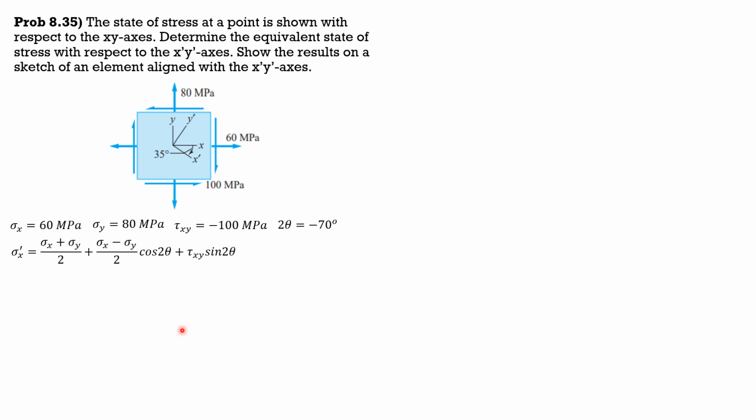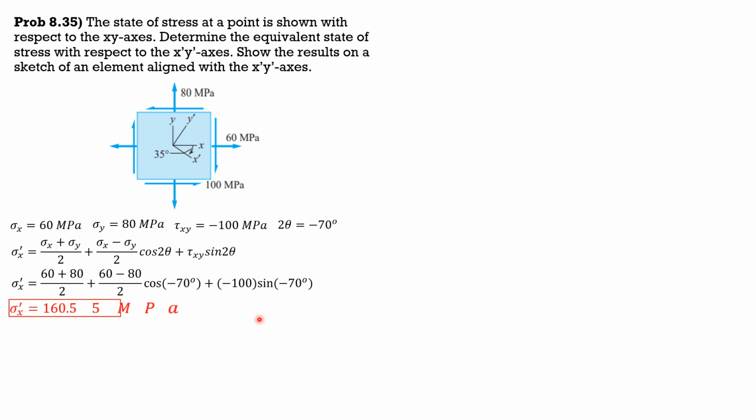So substituting values, sigma x prime is equal to 60 plus 80 over 2 plus quantity 60 minus 80 over 2 cosine of negative 70 degrees plus negative 100 sine of negative 70 degrees. So from here, we can compute sigma x prime equals 160.55 megapascals, positive, so it is tension.